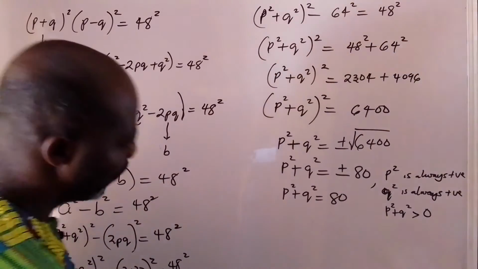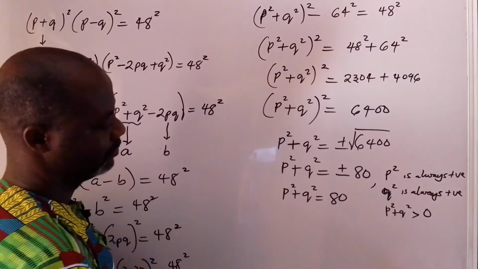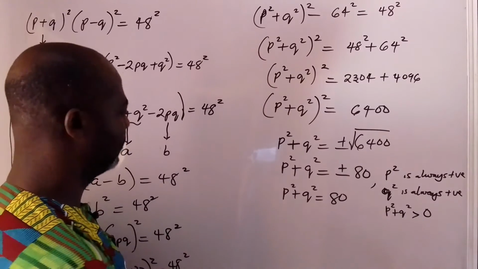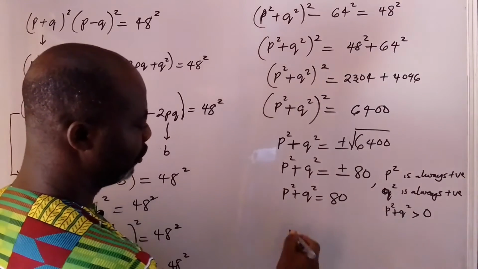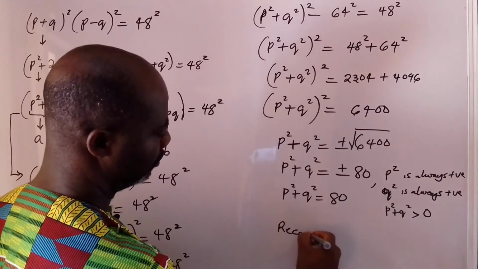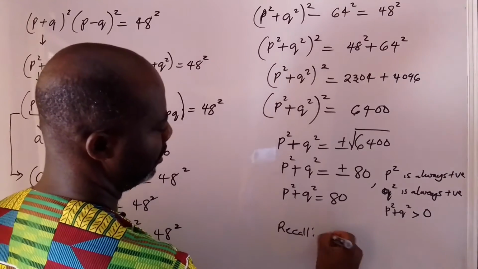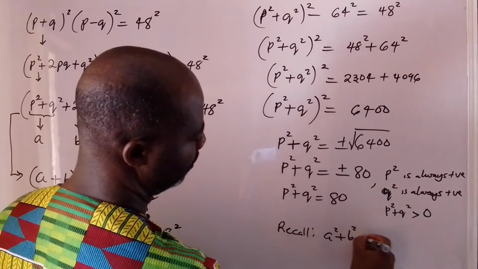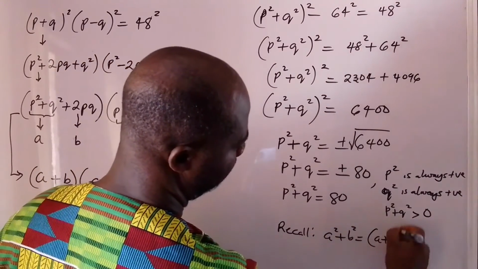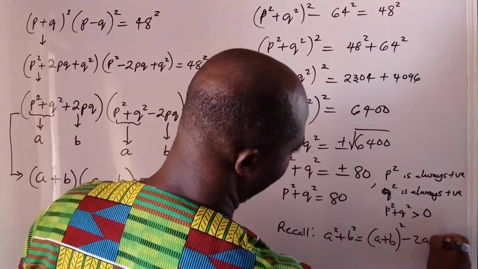Now, we can use the identity for p squared plus q squared. Recall that a squared plus b squared is equal to a plus b all squared minus 2ab.